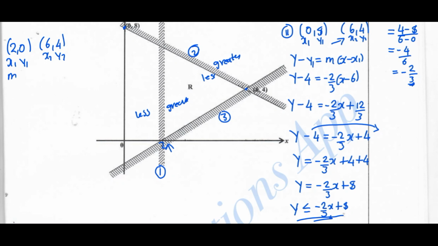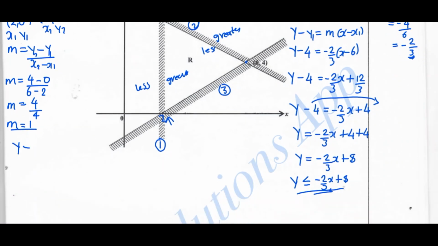So let's begin by finding gradient, y2 minus y1 over x2 minus x1. y2 is 4 minus 0, x2 is 6 minus 2. So we have 4 over 4, which is giving us a 1 as our gradient.